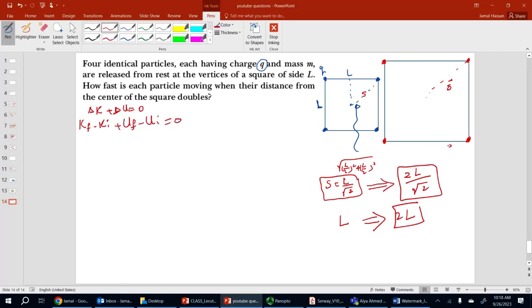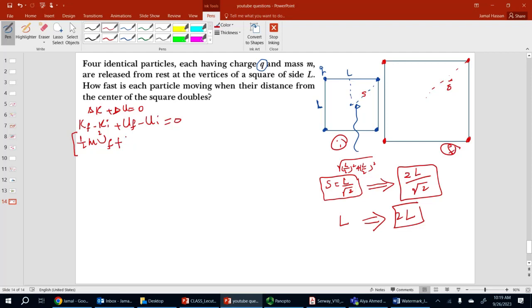Final means here, so this is F, and initial means here. Well, final kinetic energy is equal to half m v final squared. But now I have 4 of those, so it has to be multiplied by 4. It looks like every term needs to be multiplied by 4.